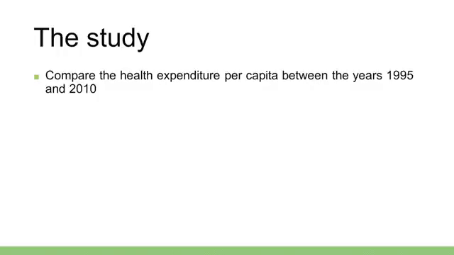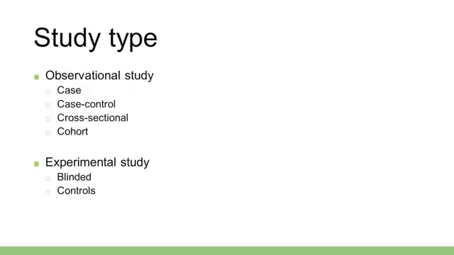So let's then just consider what type of study this is going to be. Now, remember, we had the 2 main types, observational and experimental studies. Now, as far as observational goes, remember, we do not interfere in any way. That's simple data collection in the normal day-to-day work. So we have case series, case control series, cross-sectional and cohort studies.